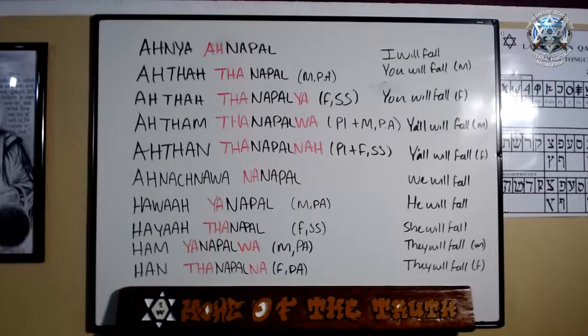Anaknawa na Nepal is we will fall. Hu ya Nepal is he will fall. Hi tha Nepal is she will fall. Hum ya Nepal wa is they will fall. Hun tha Nepal na is they will fall, feminine. Let me know if you understand completely.